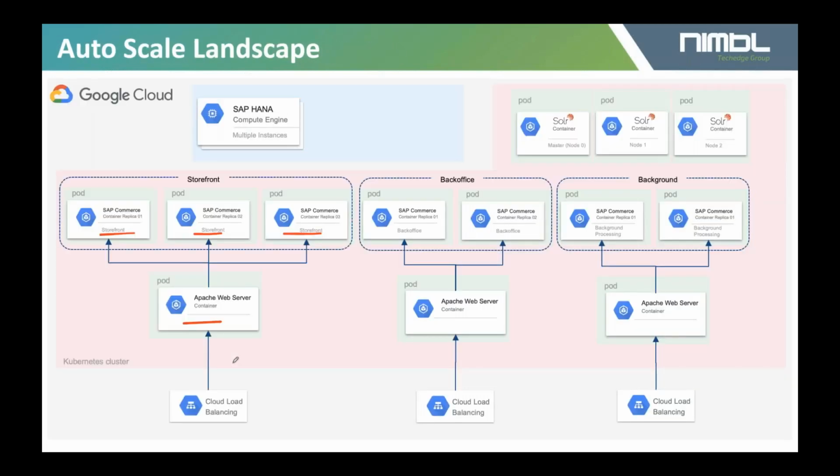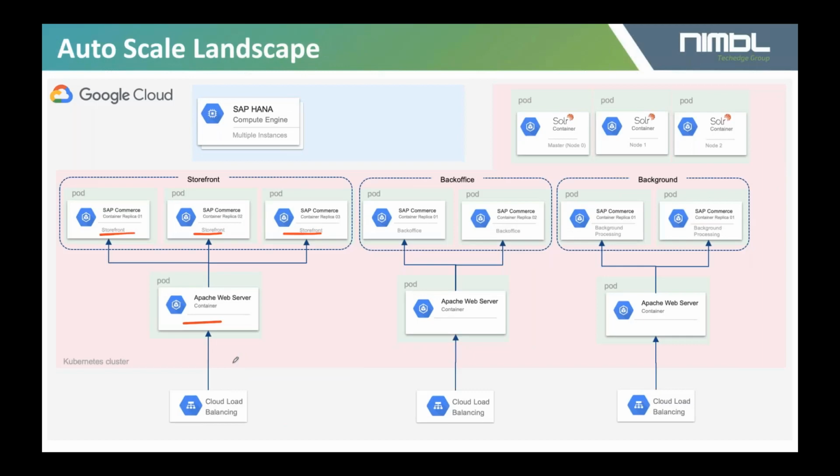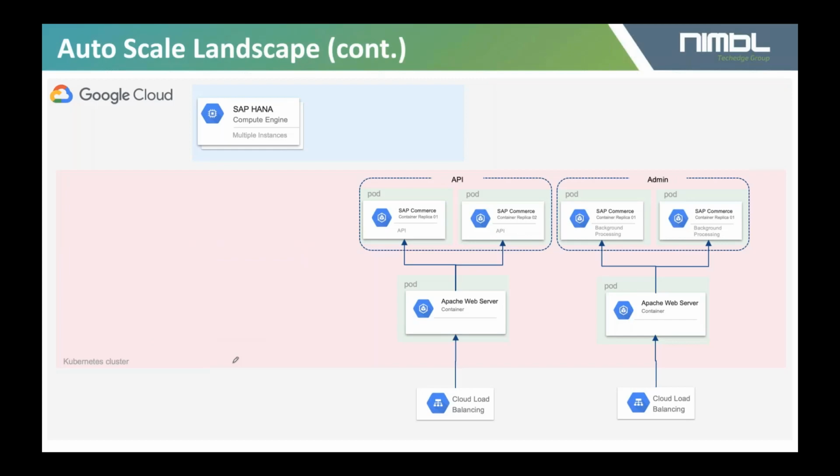So as those 60,000 requests come into the website on a Thursday afternoon, my application will auto-scale, auto-grow. At 3 a.m. when no one's browsing my site, it'll automatically shrink back down to a single pod if I choose, or 2, or whatever minimum I decide. So a true auto-scale landscape.